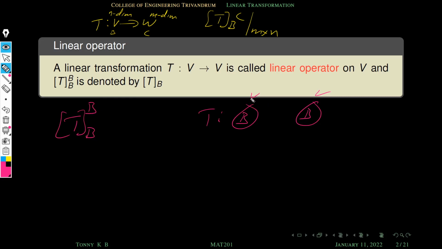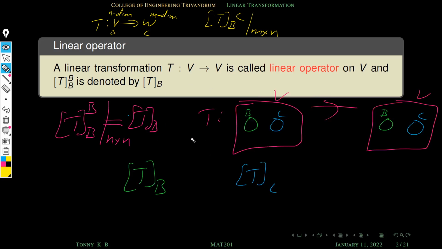Suppose V is n dimensional, then the codomain is also n dimensional, so the order is n by n. Since both bases are the same, we simply denote this by the matrix of T with respect to B. This matrix is an n by n matrix.